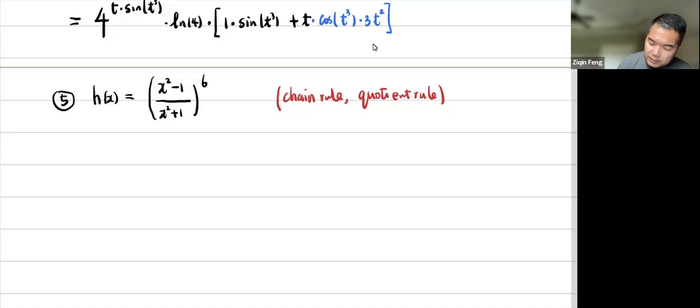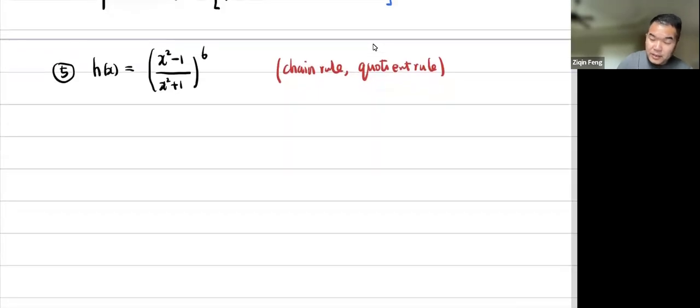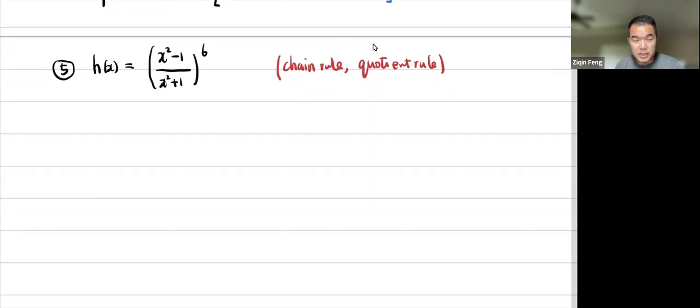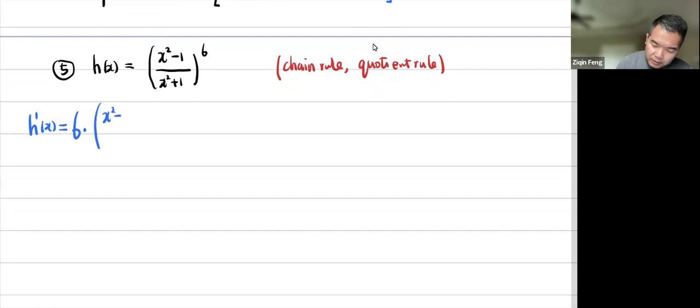So let's try to write down the answer directly, because after all the examples, we should feel better ready to differentiate a function directly. So h prime of x, let's discuss the procedure here. The outer function is something to the power 6, power rule, bring 6 down, x squared minus 1 over x squared plus 1 to the power 5, then times the derivative of the quotient.